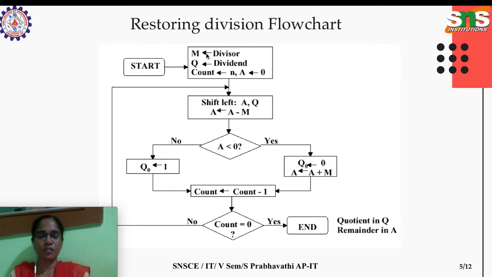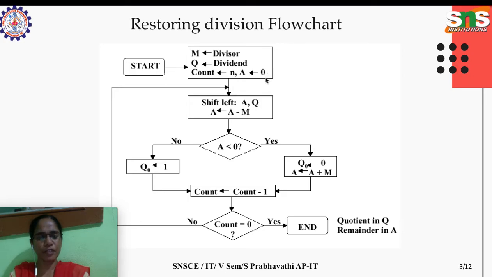Initially the divisor is in the M register, the dividend is in the Q register, and there is a count n. n is nothing but the number of bits in the dividend. Don't get confused here; this is not the divisor. n represents the number of bits in the dividend, and initially the accumulator is set to 0.